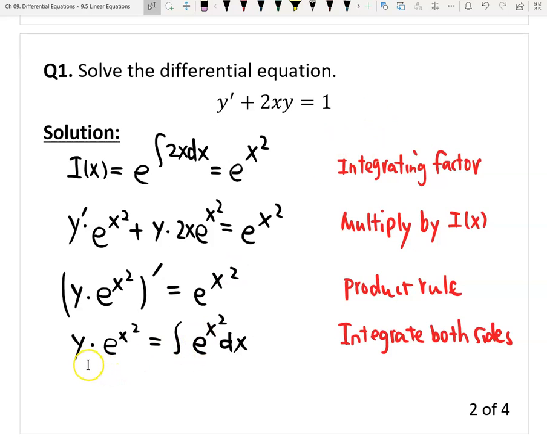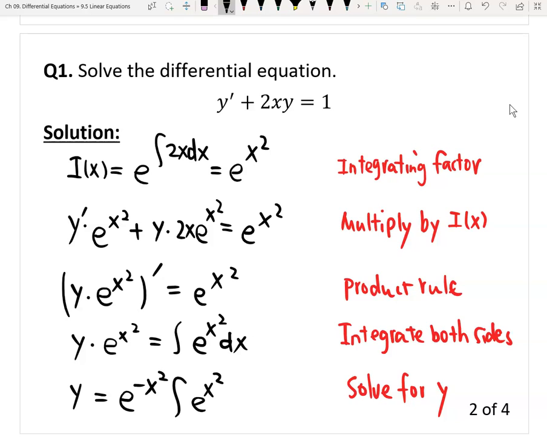Now the last step is solve for y. Let me write it. Easy to solve, right? Divide by e raised to x squared, both sides. Therefore, we finally get y is e raised to the negative x squared times the integral of e to the x squared dx.